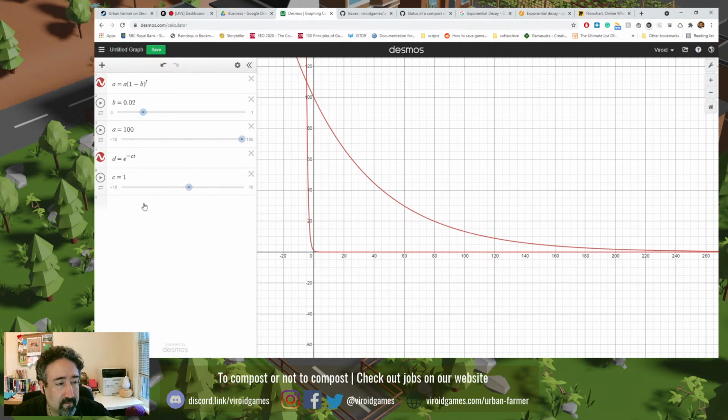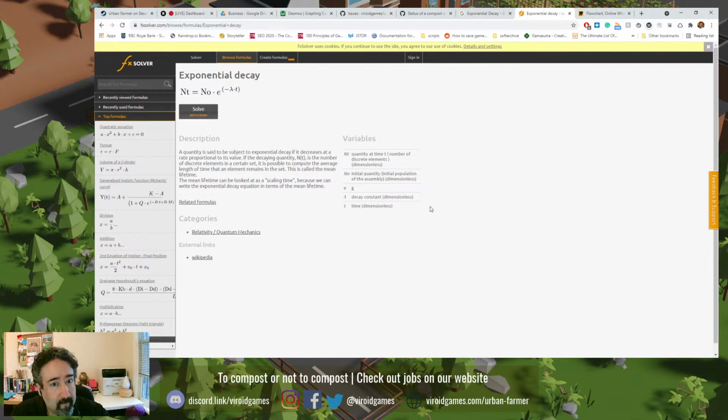Let's add a slider for c. You could also have some kind of constant. We already use a, b, c. D is this. Call it n. Let's look here. So n0, the initial quantity.